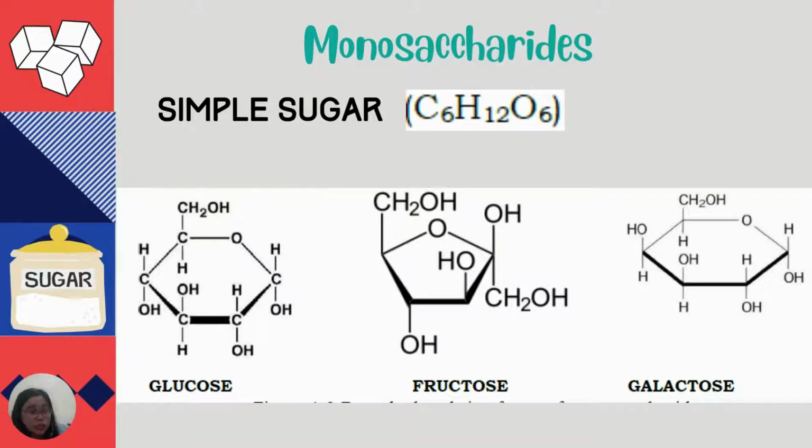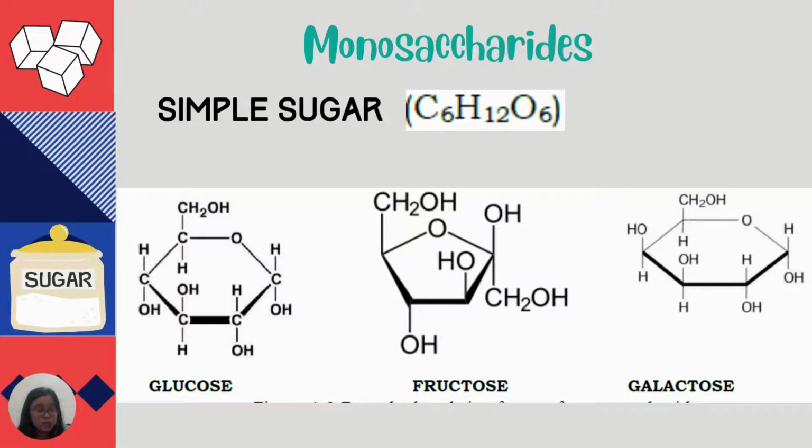Let's discuss the different examples of the 3 main groups of carbohydrates. First we have the monosaccharides or the simple sugars. The most common monosaccharides are made up of 6 carbon atoms. Examples have the chemical formula C6H12O6, meaning 6 carbon, 12 hydrogen, and 6 oxygen.